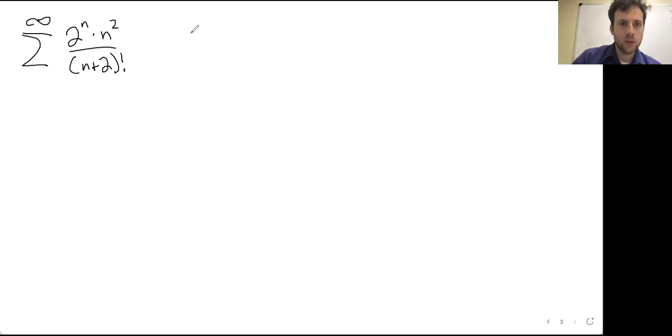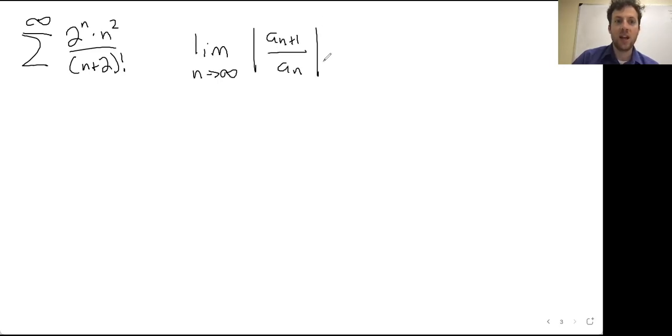And so the ratio test says the limit of a_(n+1) over a_n with absolute values. That doesn't do anything in this case since it's all positive, but often what this would do is it would get rid of any alternating part. So then a_(n+1) is all of these n's we replace with n plus 1.